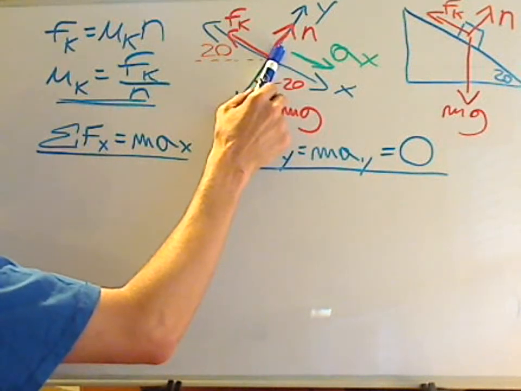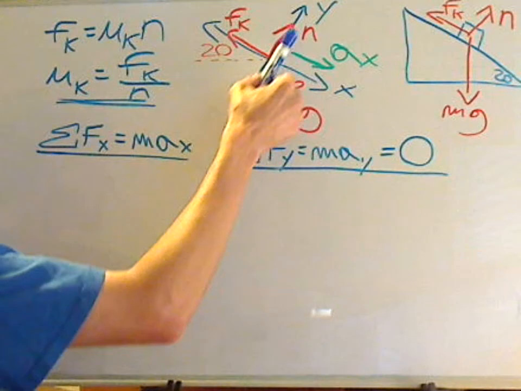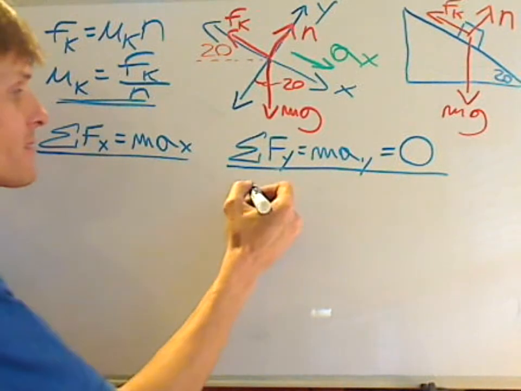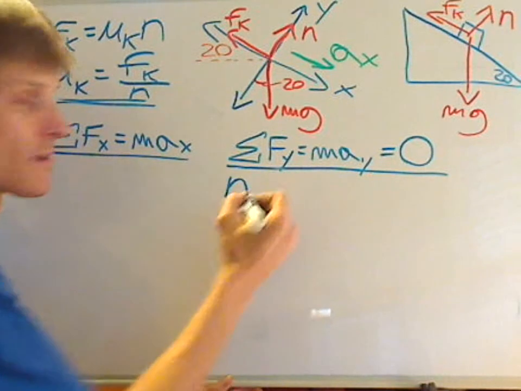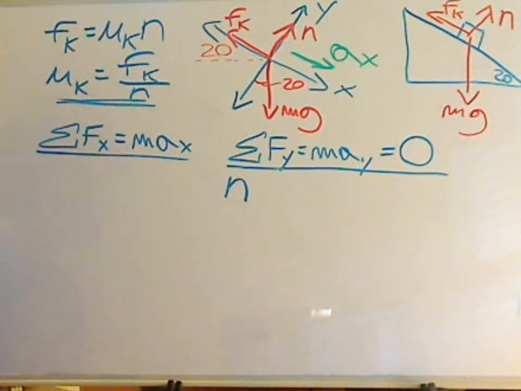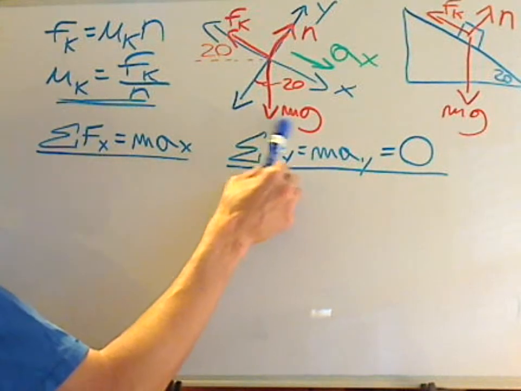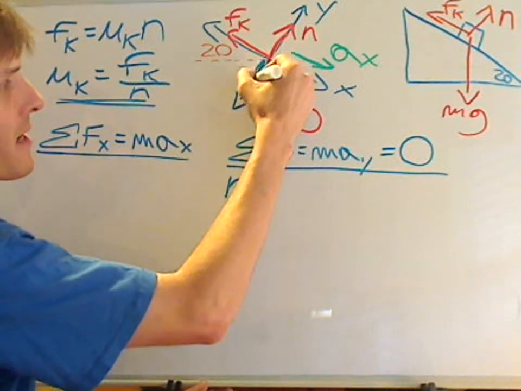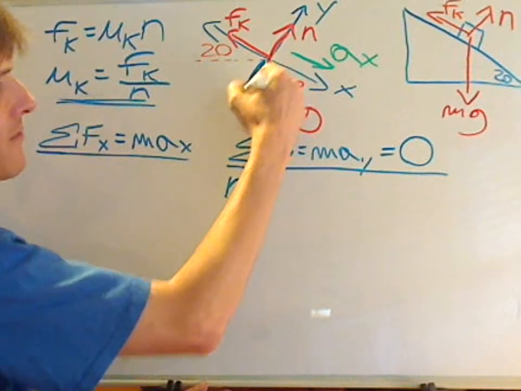The normal force is entirely in the y direction, so its y component is N. Now for mg, we need to figure out this length right here of this right triangle.